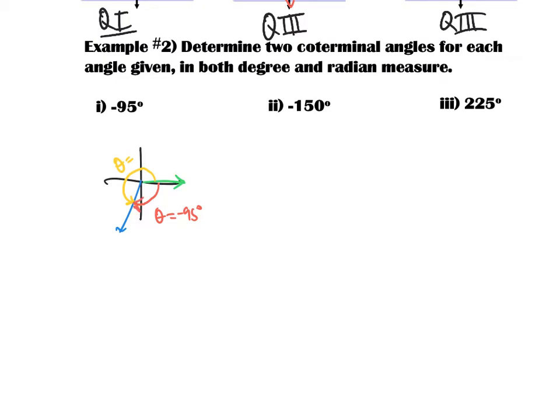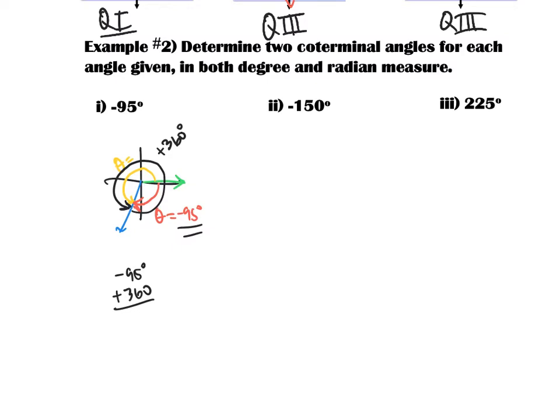How I could get that angle is I could rotate this way 360 degrees, which means add 360 degrees to negative 95. So let's do that. Negative 95 plus 360. I always subtract 100 and then add 5.